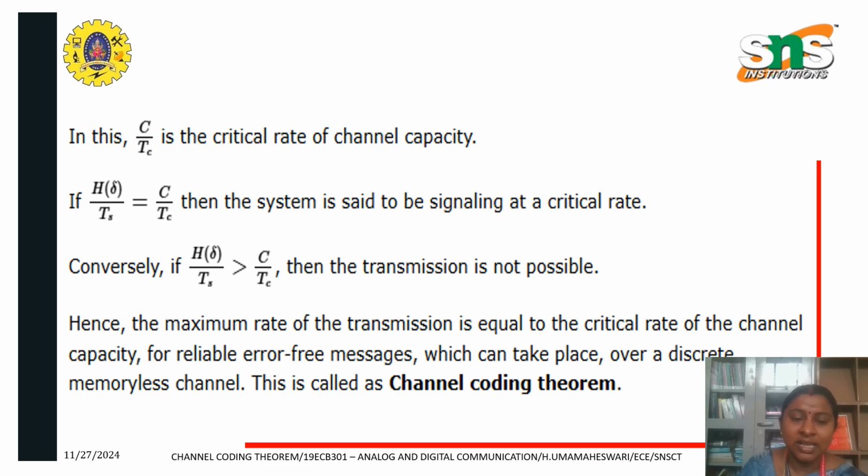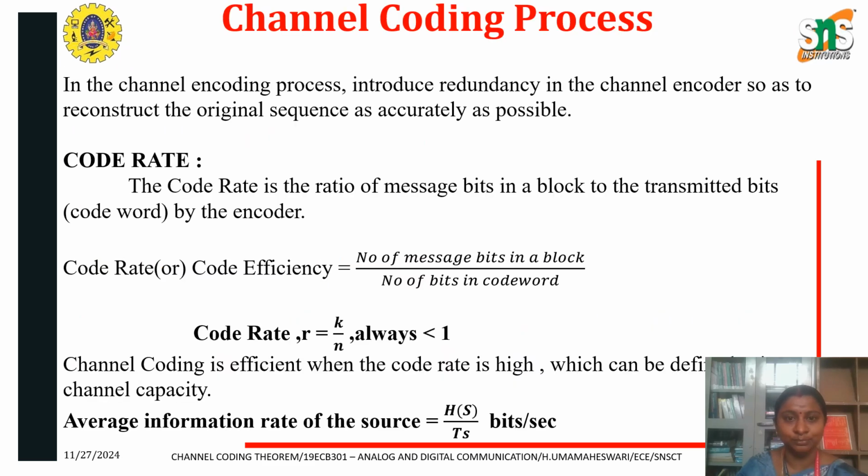Conversely, if H of S by Ts is greater than C by Tc, then the transmission is not possible. Here, the maximum rate of the transmission is equal to the critical rate of the channel capacity for reliable error-free messages which can take place over a discrete memoryless channel. This is what we call the channel coding theorem.